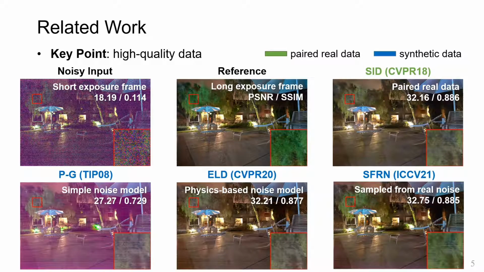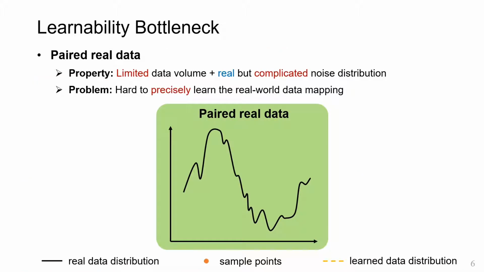However, none of them can completely eliminate fixed pattern noise. This discovery attracts us to do an in-depth analysis. According to our analysis, we found that there is a learnability bottleneck in low-light denoising data. We expect the paired real data can be used to fit the real data distribution.